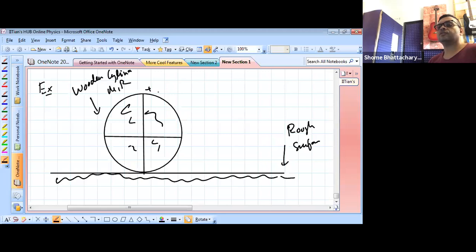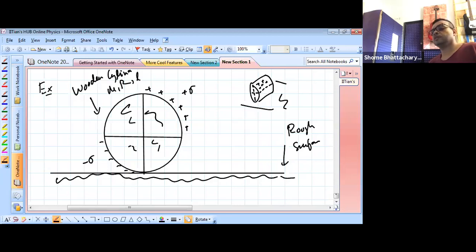Its length is also L. So three-dimensionally the cylinder is like this, lying on a surface like this. Now this part of the surface has positive charge, plus sigma, and this part of the surface has negative charge, minus sigma.